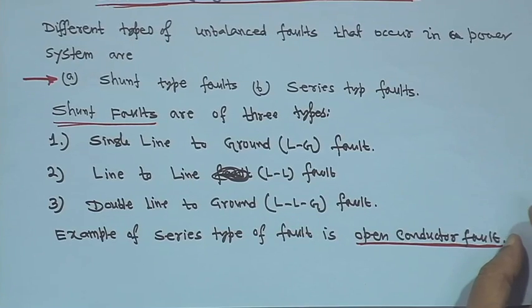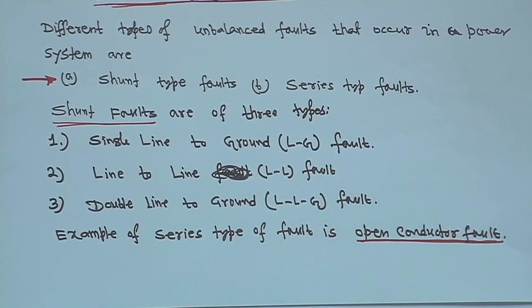So, next we will begin unbalanced or unsymmetrical faults. Unbalanced or unsymmetrical faults actually occur in a power system. These are very common faults, because previously we have seen the 3-phase fault, the probability of occurrence of which is very rare, but this kind of fault is very common.